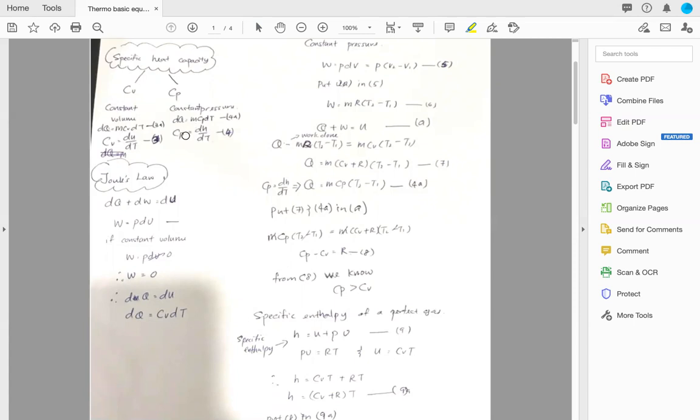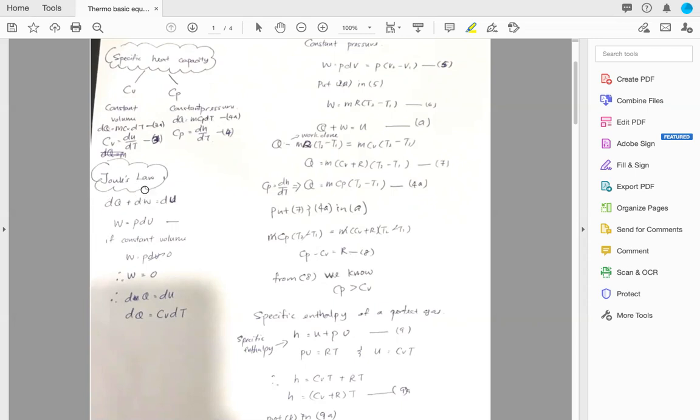For CP, it means constant pressure, so it normally deals with enthalpy, delta H over delta T. So if your condition is at constant pressure, your delta Q can be written as mCp delta T.